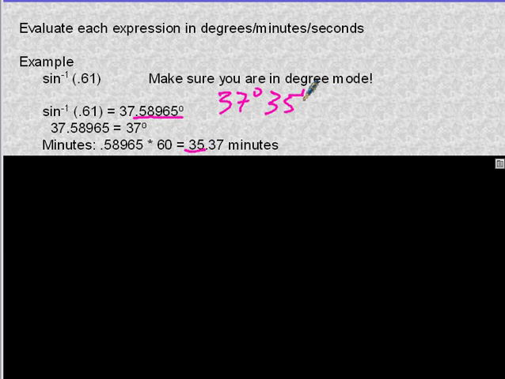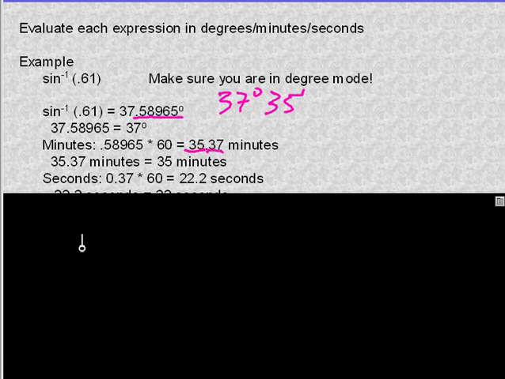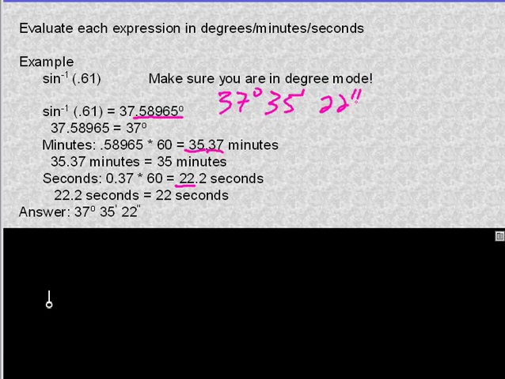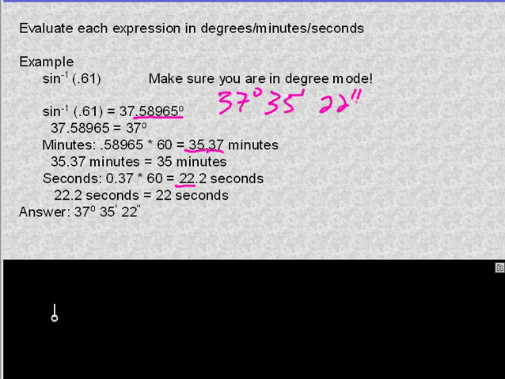Then to get our seconds, we take what's left over from the minutes, the 0.37, multiply that by 60, and this is going to be our seconds. Don't worry about the decimal. If it's 5 or more, you're going to round this up. 5 or less, we just truncate it. So that's going to end up as 22 seconds. That's how you evaluate in degrees, minutes, seconds.